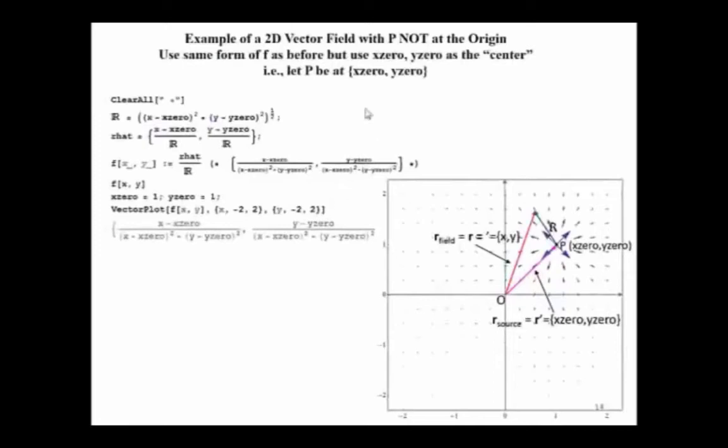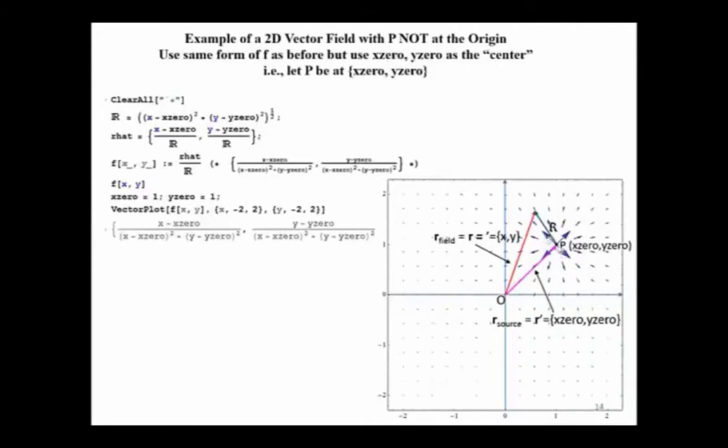Okay, so let's consider a 2-dimensional case where we have the origin right here, but suppose we have a vector field which depends on a position different than the origin. So this sort of is a 2-dimensional case of what I was talking about before, where we have a vector field that depends on position, and in this case we put the point of interest away from the origin.